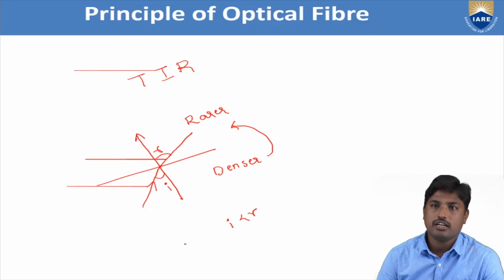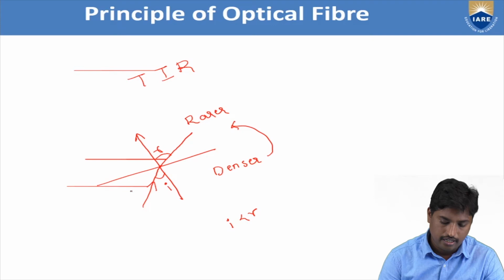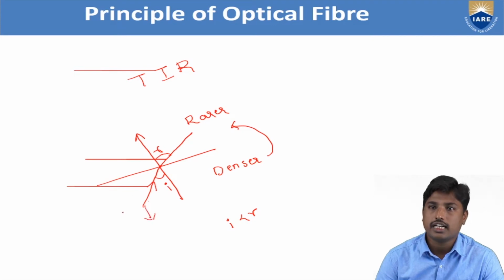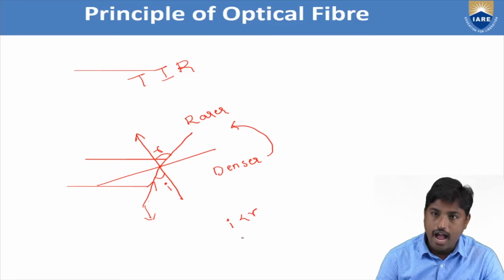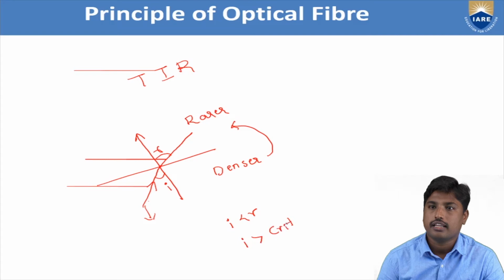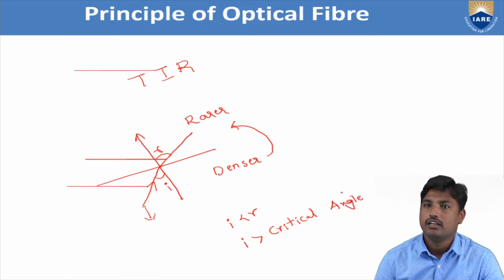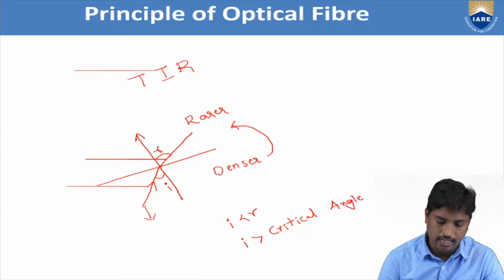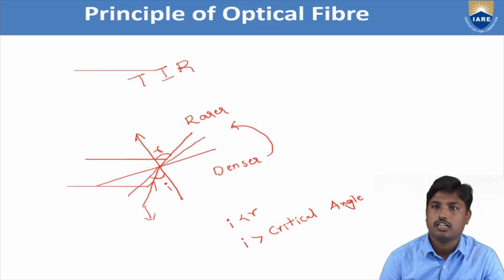To get total internal reflection, the light ray should satisfy the second condition also. What is the second condition? The angle of incidence is greater than the critical angle. Coming to the critical angle, suppose I am increasing the incident angle, then the corresponding refraction angle also increases.